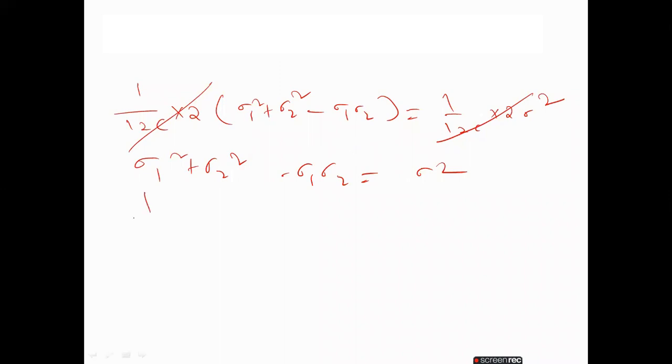Now, we know already sigma 1 is 59.12 and sigma 2 is minus 31.95. So please substitute and tell me the sigma value finally. Anyone? I will wait for 1 minute.